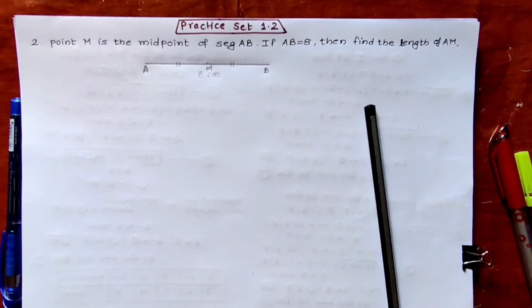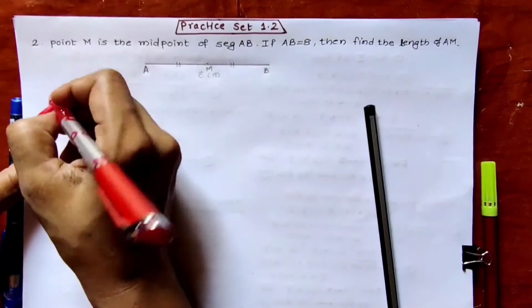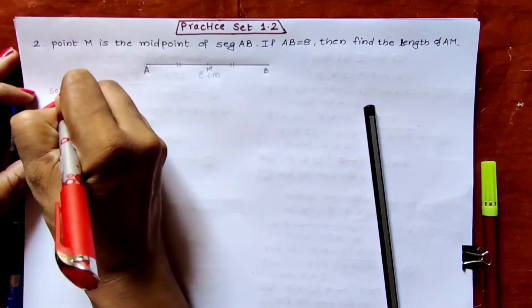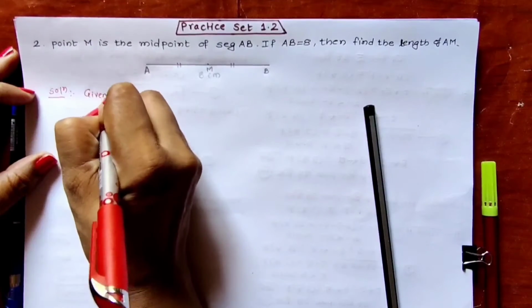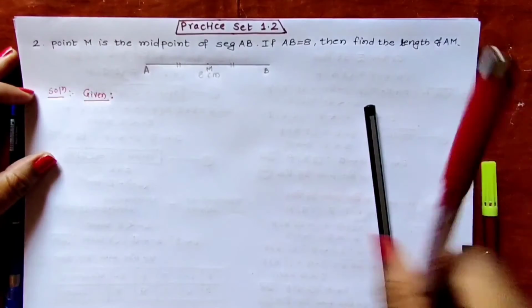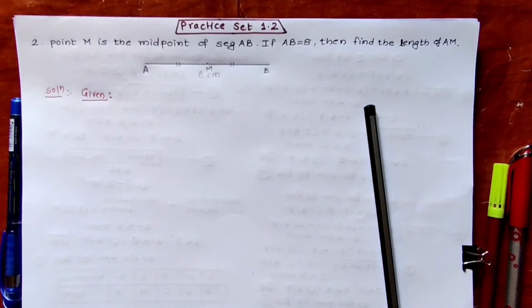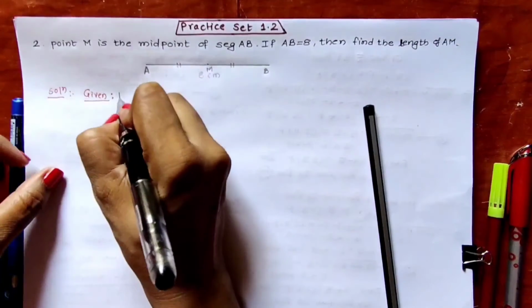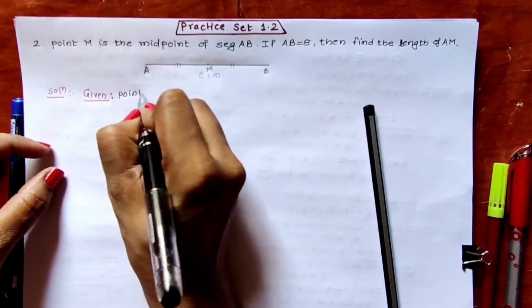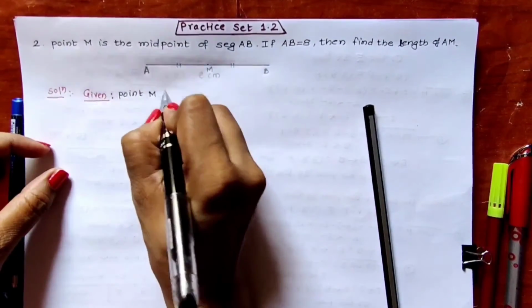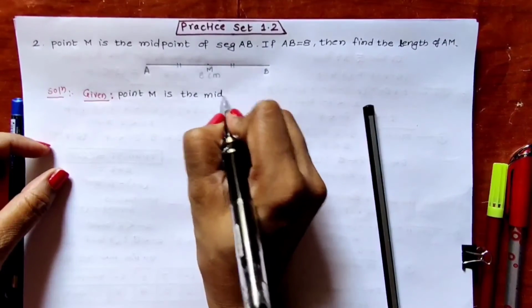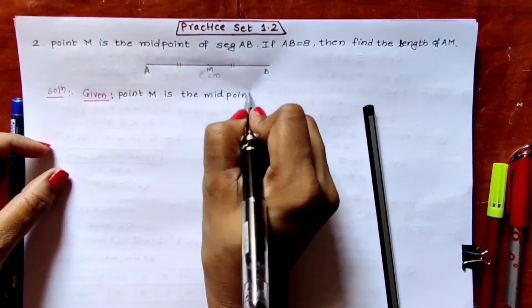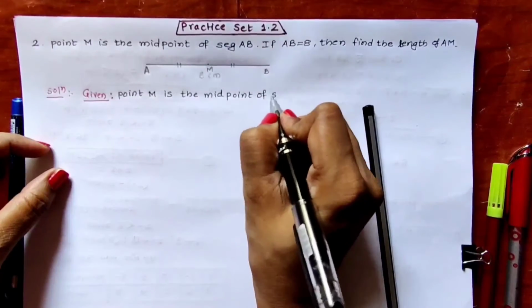So let us see how to write its solution. We have to write the solution properly. In solution, we will be first writing given. What is given to us? Point M is the midpoint of seg AB.